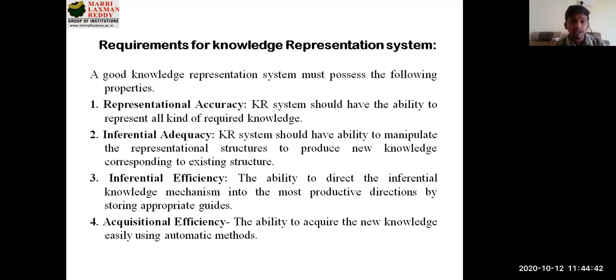The next property we need is inferential adequacy. A knowledge representation should have the ability to manipulate the representational structures to produce new knowledge corresponding to the existing structure. This can be obtained by taking into consideration previous experiences or previous scenarios with respect to the same concept.